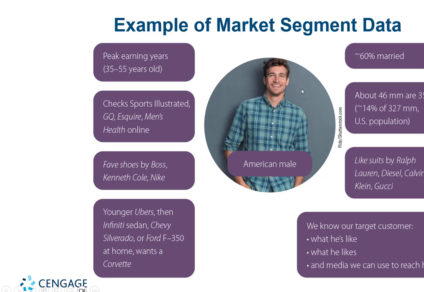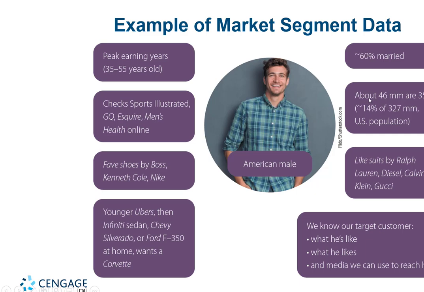So we talked about the different segmentation bases last class. Say, for example, we're looking at fashion for upper income American males. We're looking at people aged 35 to 55, which is demographic. We're looking at their behavior, what sort of magazines they read, like Esquire and Men's Health, their favorite shoes, whether or not they're married.